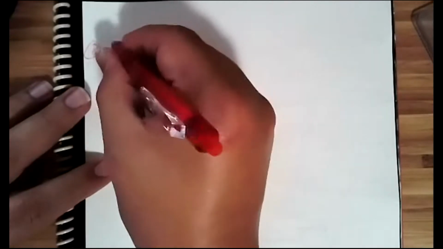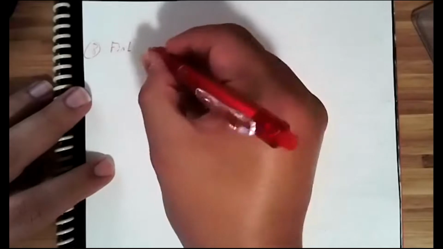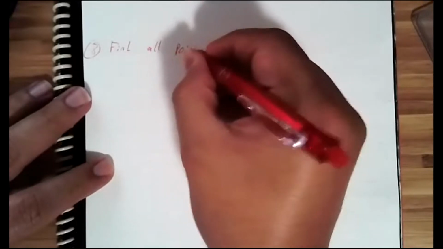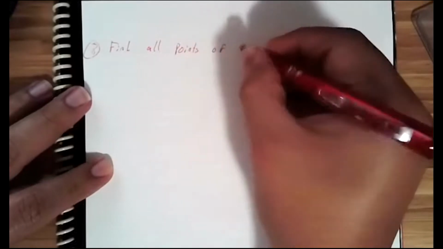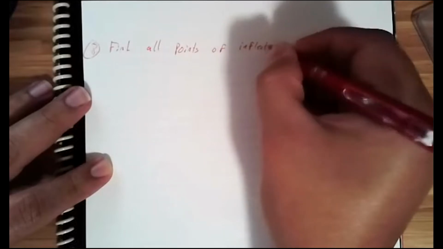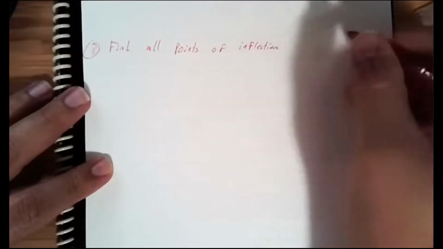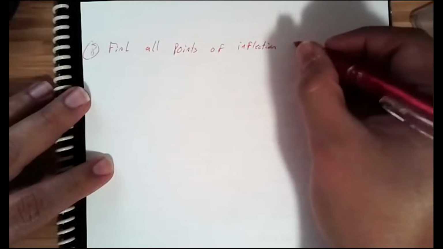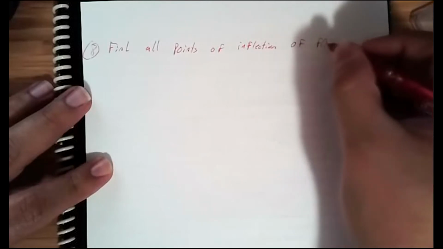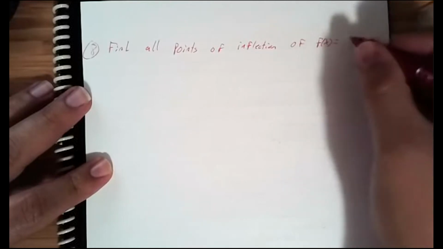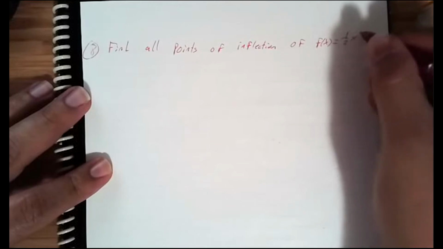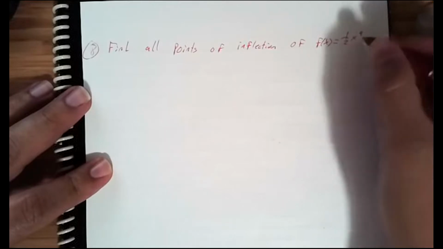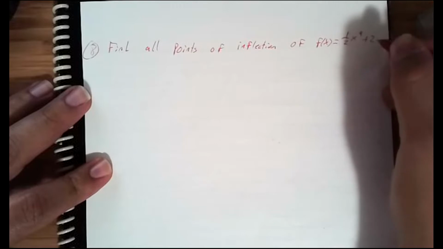Number 8 says find all points of inflection. F of x is equal to 1/2 x to the 4th plus 2x cubed.